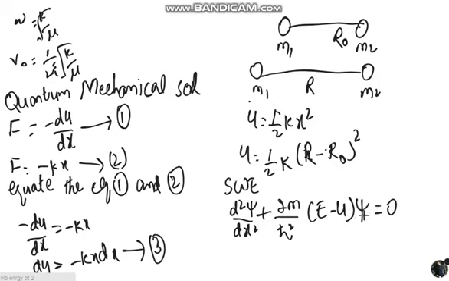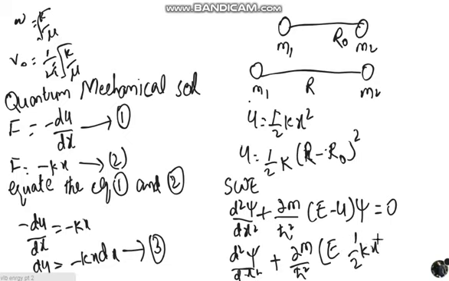Here E is the energy and psi is the wave function. Now putting the value of U, we have d square psi over dx square plus 2m over h bar square into (E minus 1 by 2 kx square) psi is equal to 0. This is the Schrödinger wave equation for the simple harmonic oscillator.